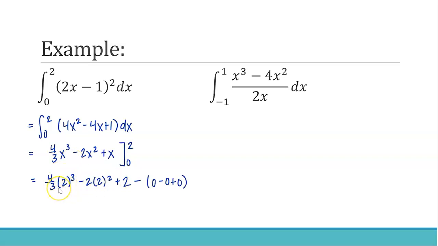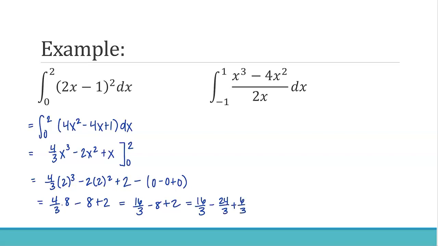And then we're going to simplify this. Our answer is a number, since again this is a definite integral with numbers as limits of integration, so this represents an area. And we're going to have 4/3 times 8 minus 8 plus 2. So 16/3 minus 8 plus 2. And if we make them all have common denominators, we have 16/3 minus 24/3 plus 6/3.